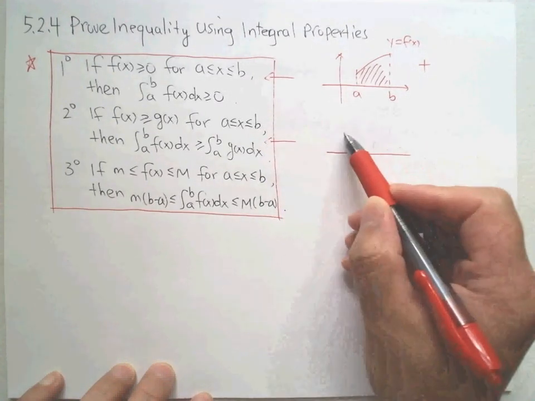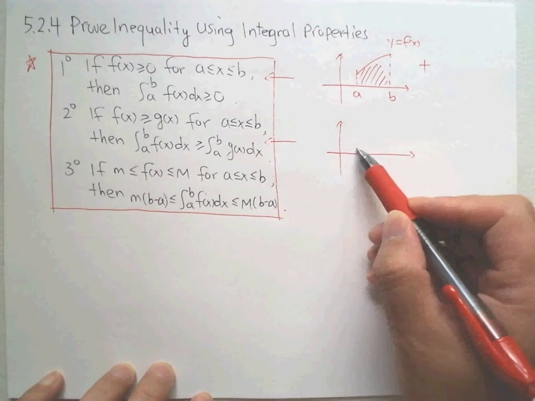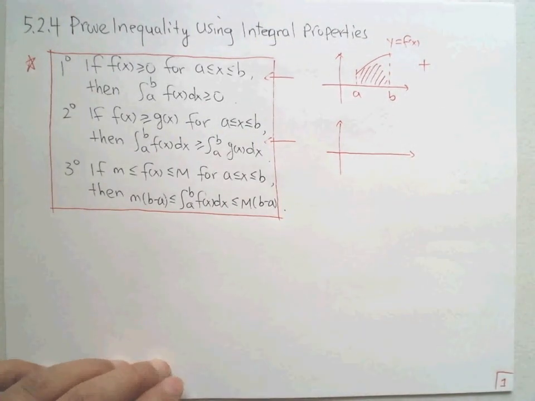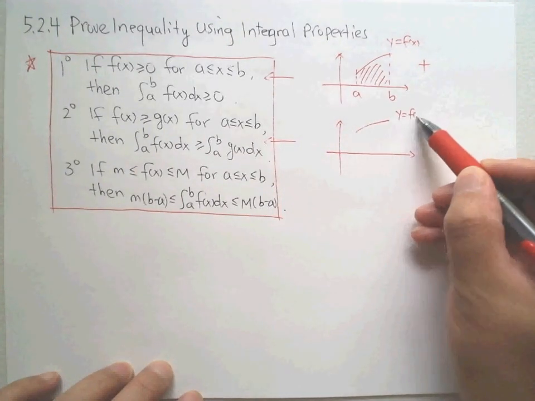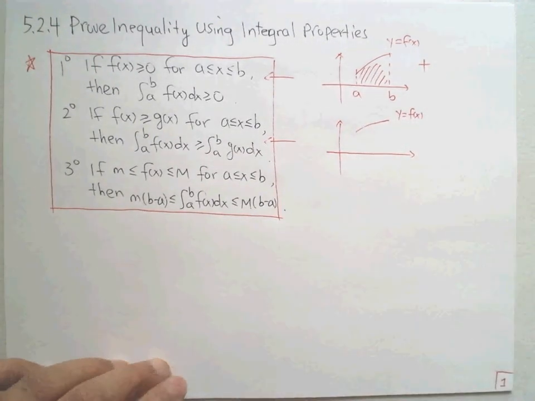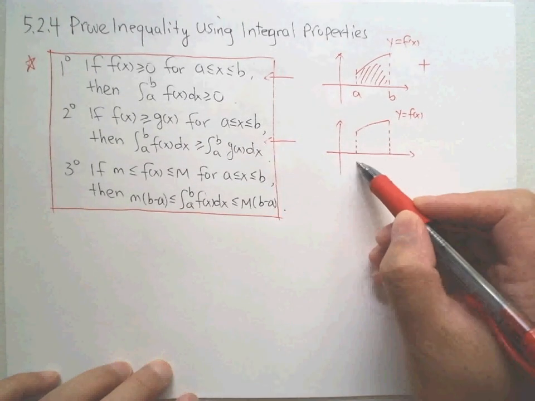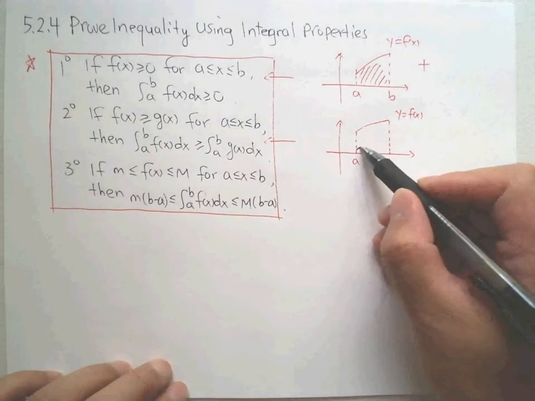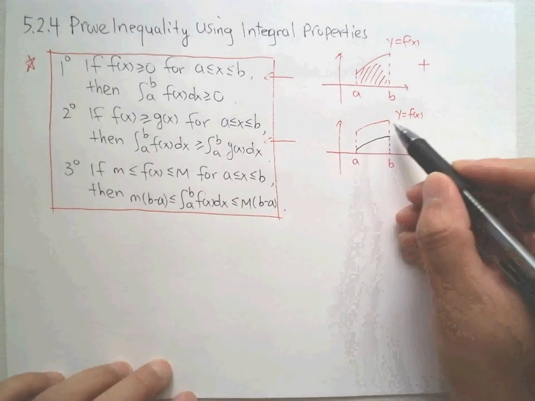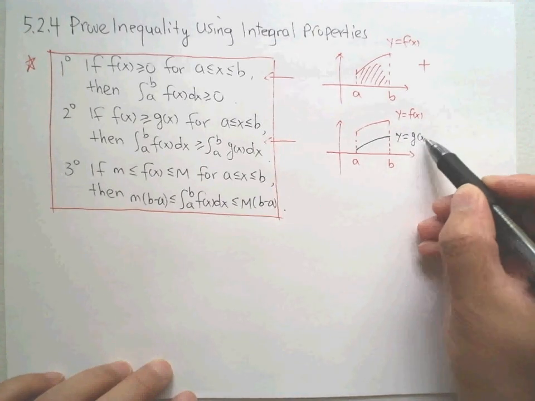If f is here, y equals f(x), higher than g, I say this is a, this is b, and of course they don't necessarily need to be parallel. This is y equals g(x). Definitely f is higher than g, right?